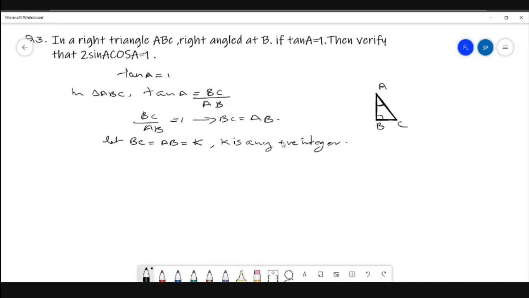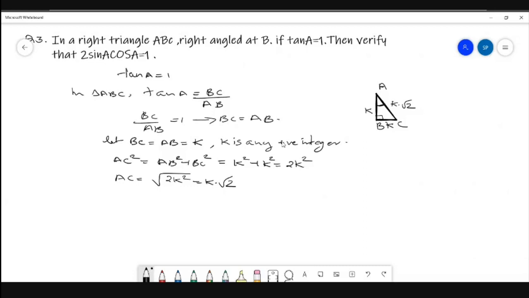AB is K, BC is also K. So AC square is AB square plus BC square, that is K square plus K square equal to 2K square. So AC equal to root of 2K square, that means K into root 2. AC is K into root 2.